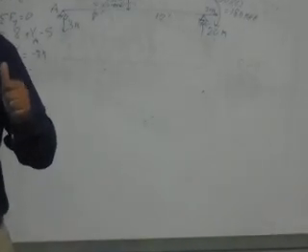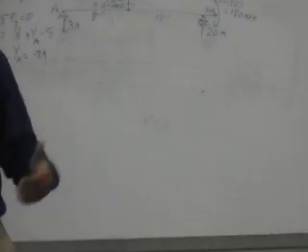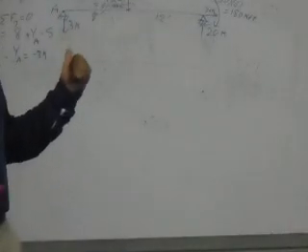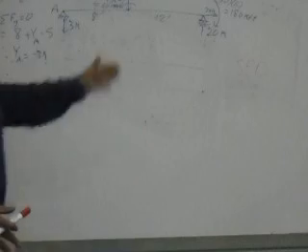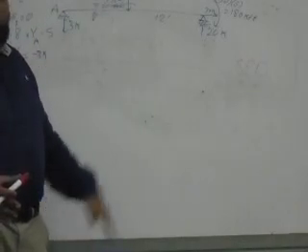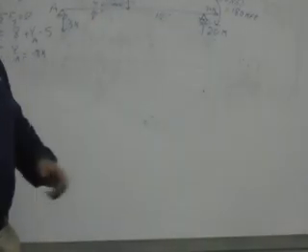Remember when I told you before that there is one exception regarding where you take the moment: you take a moment just before the point or just after the point, it will not make a difference. But at the point where the moment is applied, this is the exception case. If you take a moment just before B, it will be totally different than just after B, and there will be a jump. But let's talk about the shear force diagram first.